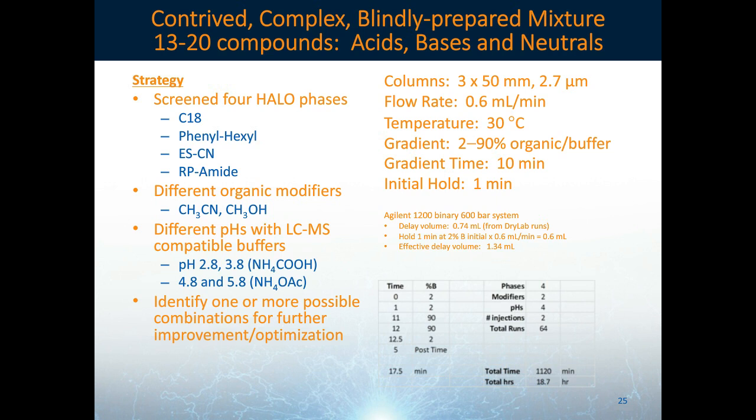And what we did was we measured the delay volume using DryLab. So that was 0.74 mL. And then for our gradient, we used a 1-minute hold at 2% B. So using our flow rate of 0.6 mL per minute, that gave us an additional volume of 0.6 mL, and that gave us an effective delay volume of 1.34 milliliters.